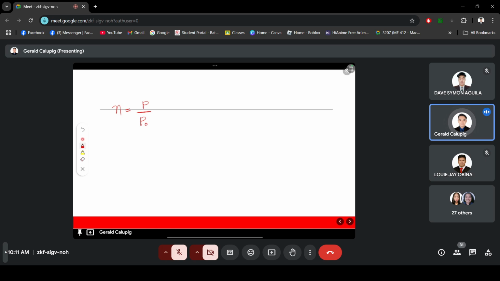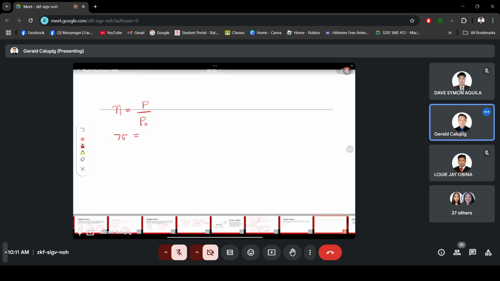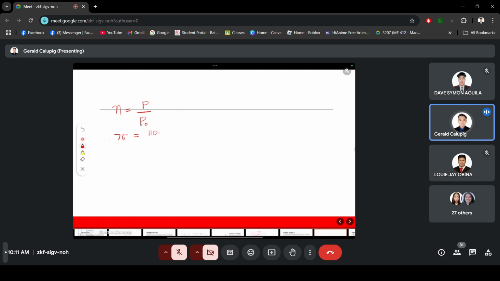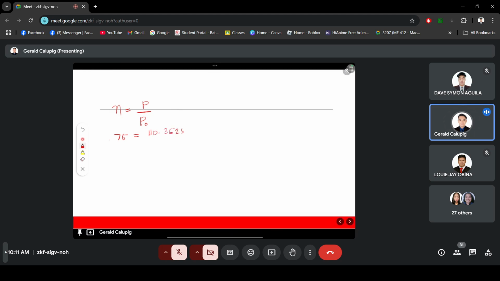Substituting the data, we can have 0.75 is equal to P, our hydraulic power, which is 110.3625, and our P is torque times the W, where our W, or specific speed, is equal to what? 2 pi n over 60, right?